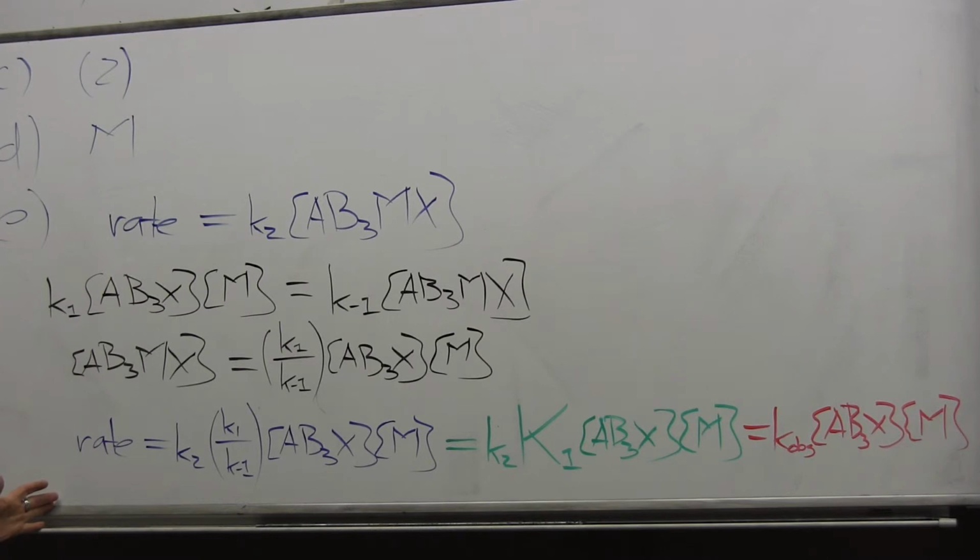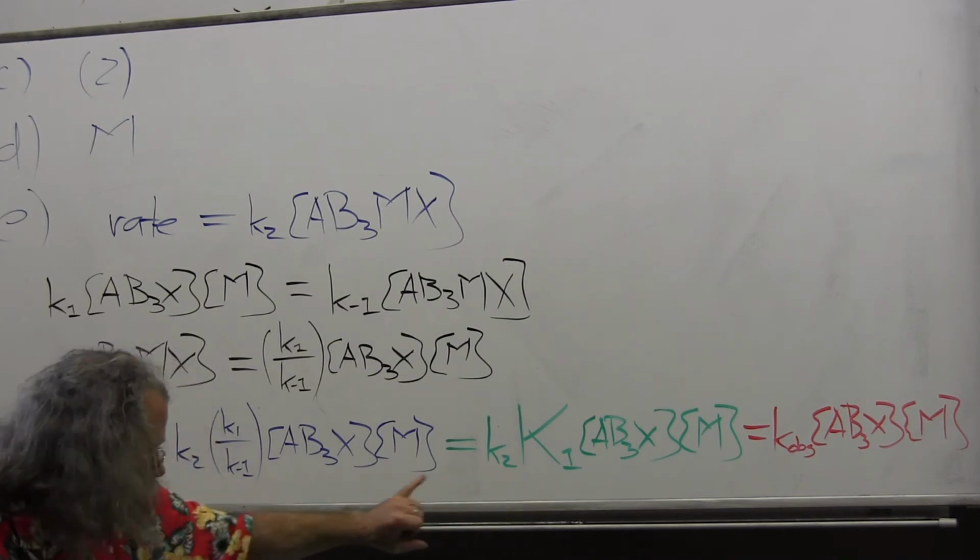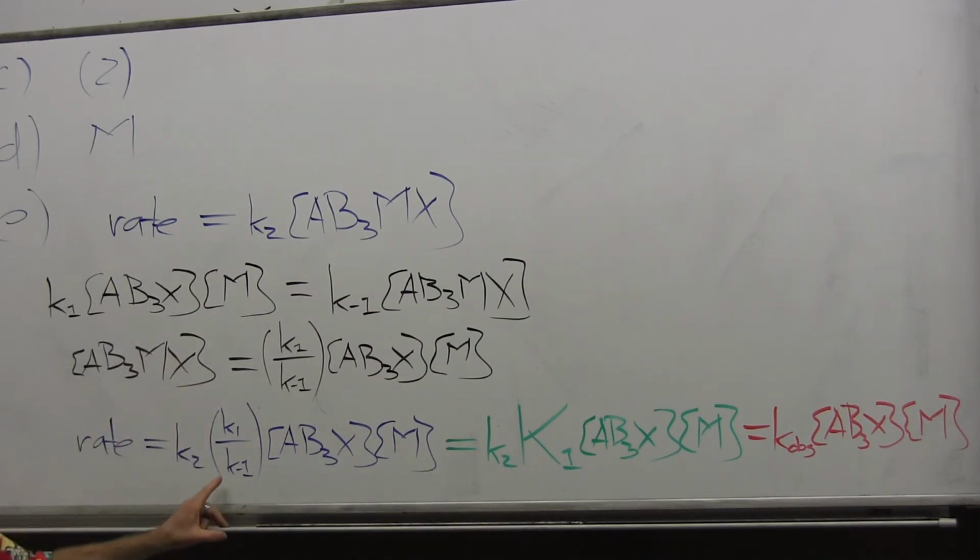Yes? Can we substitute for the last step, can we just do big K1 instead? Yes, in other words, could you put this in here instead? Yes, and that would be fine. That would be okay. I will accept this. Why does big K drop out?